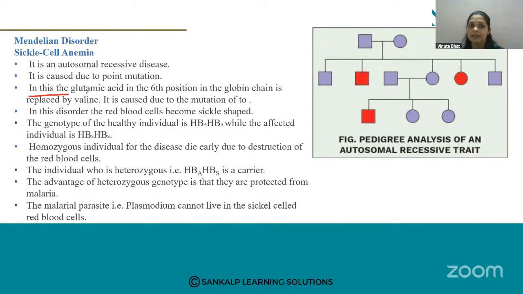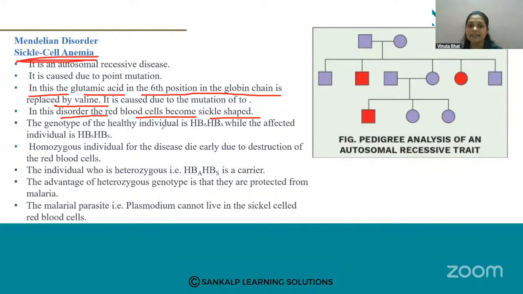In this, the glutamic acid at the 6th position in the globin chain is replaced by valine. It is caused due to this mutation. In this disorder the red blood cells become sickle shaped, so it is called sickle cell anemia.